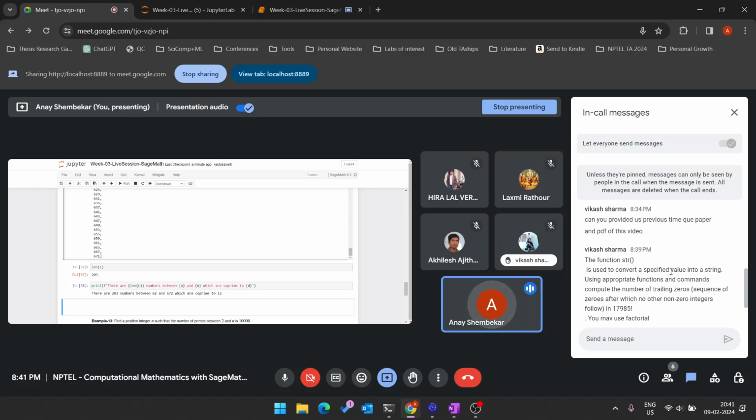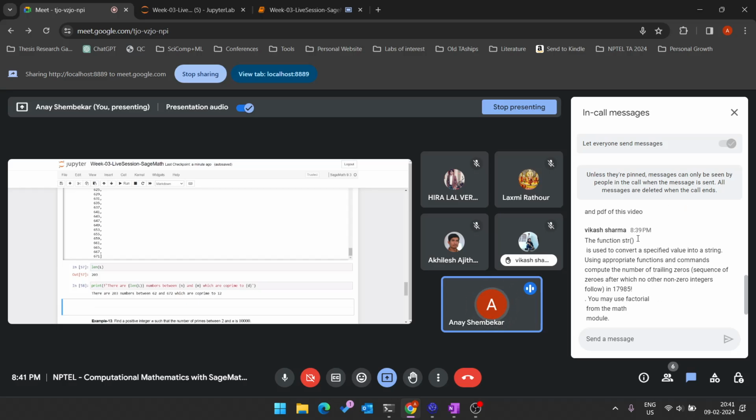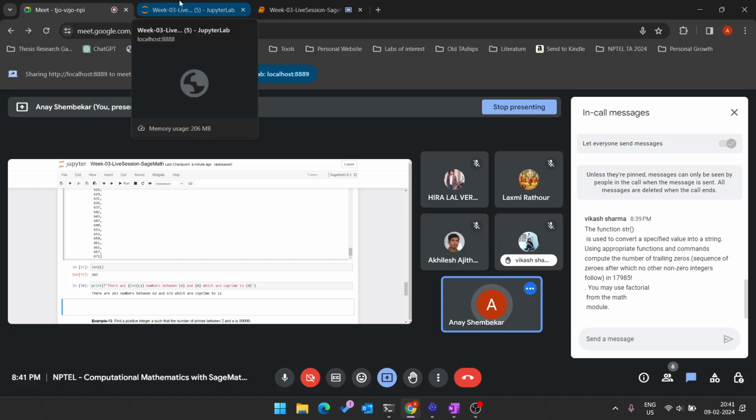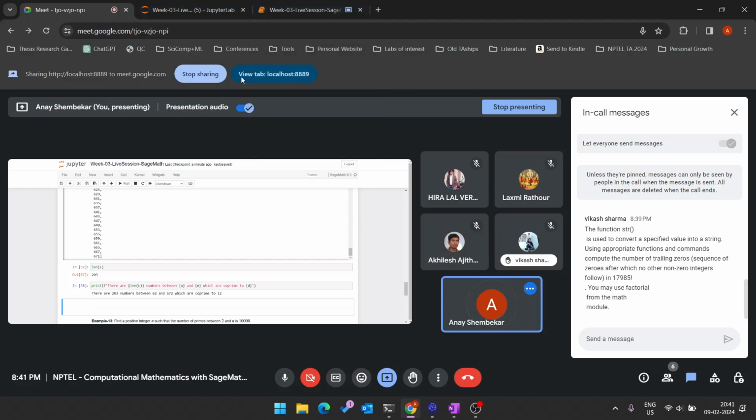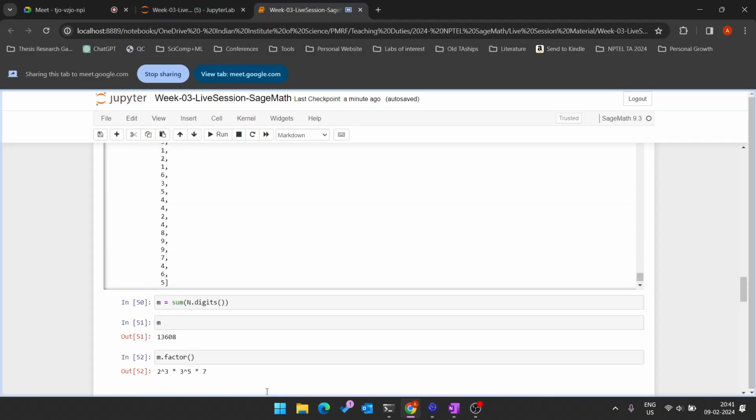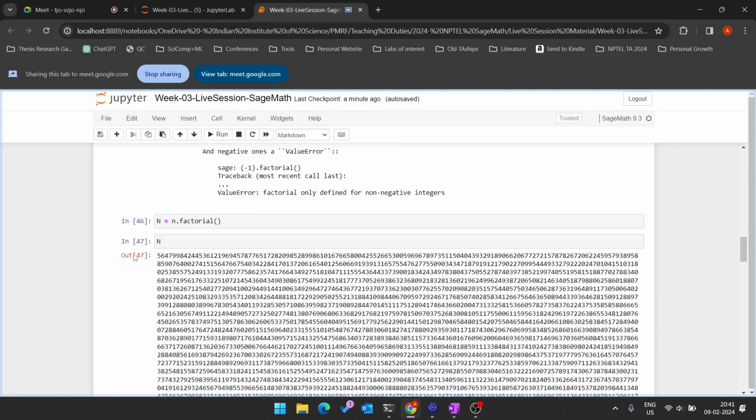So the way you are suggesting is we use this function str, the string function, to convert the value into a string. Okay, we could do it from SageMath itself in an alternate way. Suppose I look at this example.